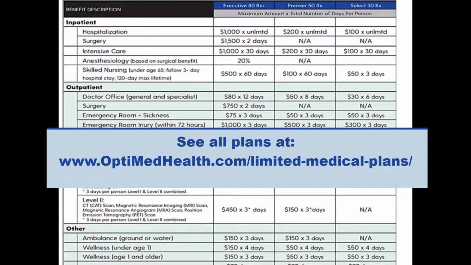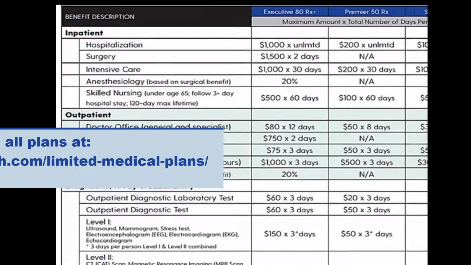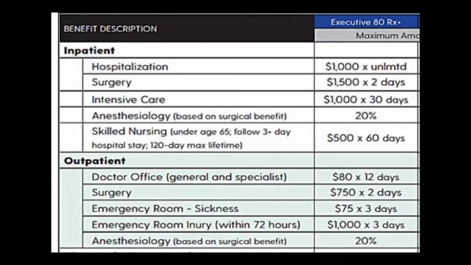This surgery benefit on the executive 80 plan that you see right here, column 1, 2 down, inpatient surgery, is $1,500 for 2 days. Meaning you get $1,500 one day and $1,500 the other day if you had 2 different surgeries, inpatient, and they would have to incur on 2 separate days.